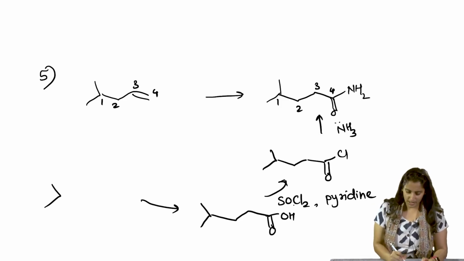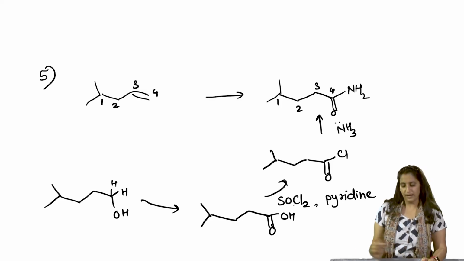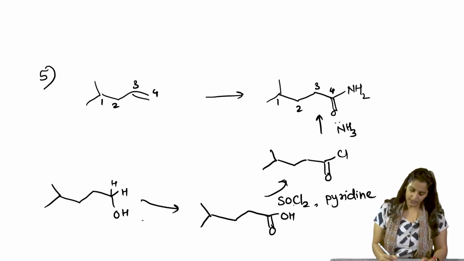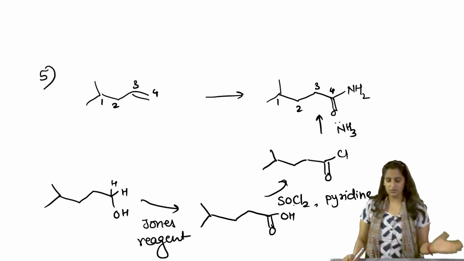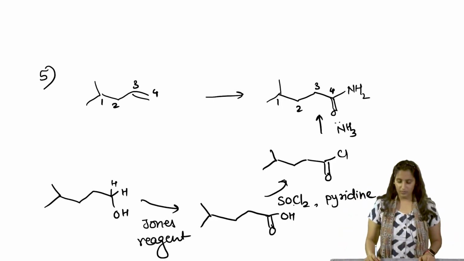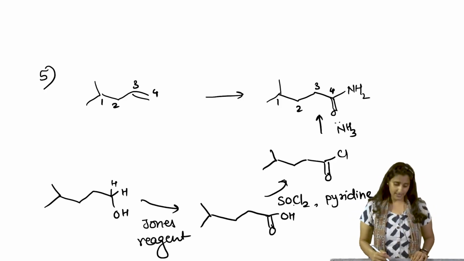I can maybe start from an alcohol here. Okay. This is a primary alcohol. So, if I put it in Jones reagent, a really strong oxidizing agent, KMnO4 or any kind of oxidizing agent, it is going to form the acid from the alcohol.